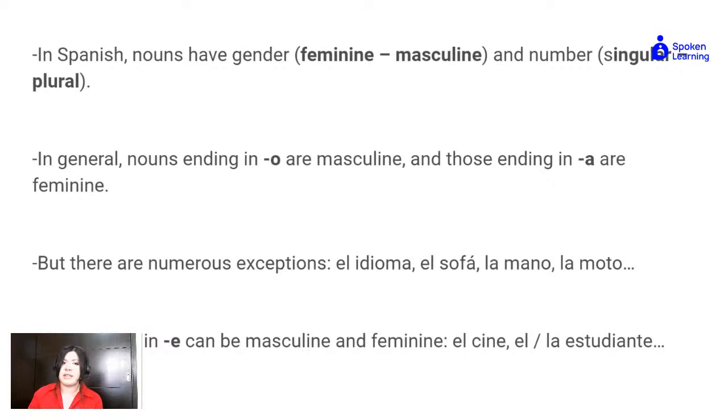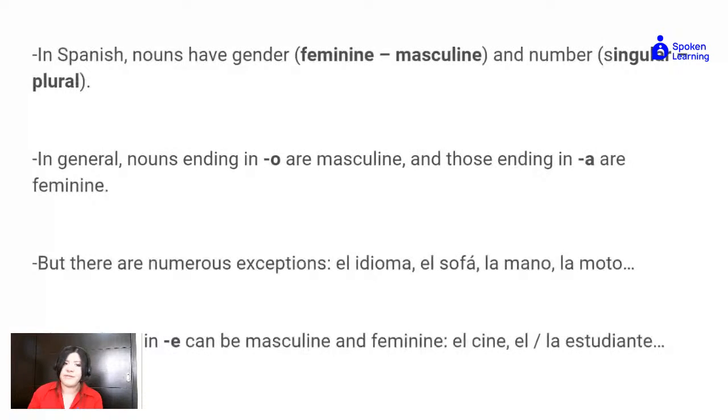Pero tenemos algunas excepciones, ¿ok? We have some exceptions like el idioma, el sofá, la mano, la moto, etc. And we don't have a specific rule to identify these exceptions, but you will understand the word by the context. So as much as you use the Spanish language, you will get used to identify these exceptions.